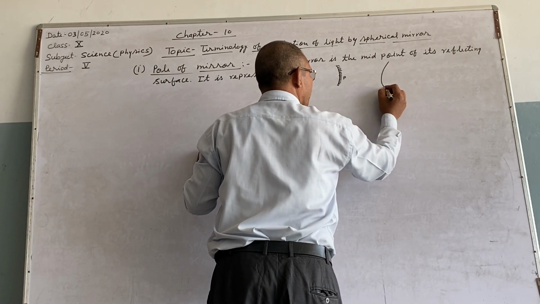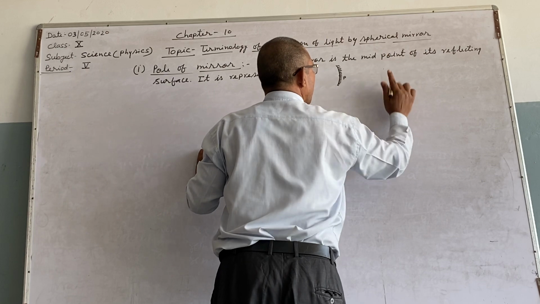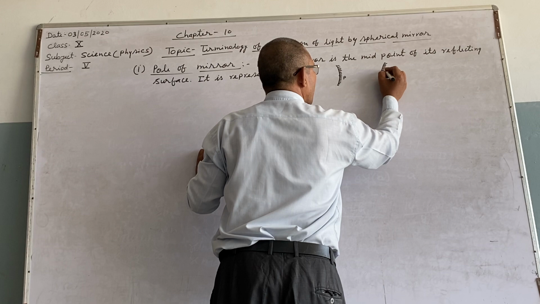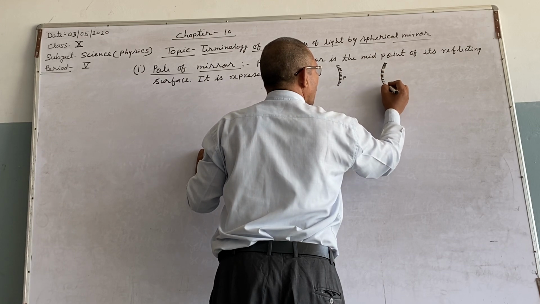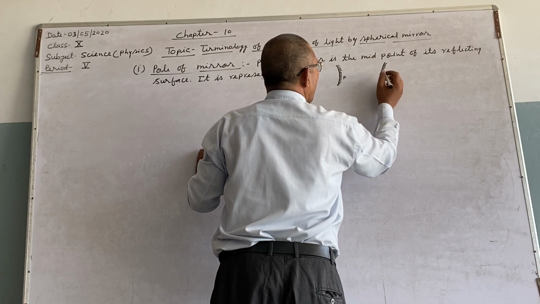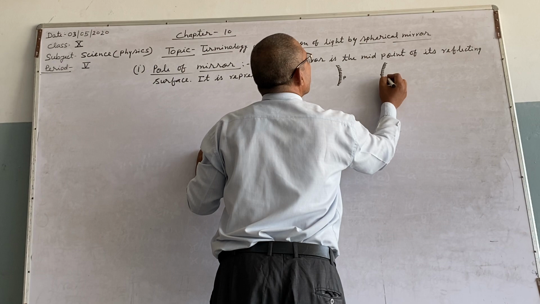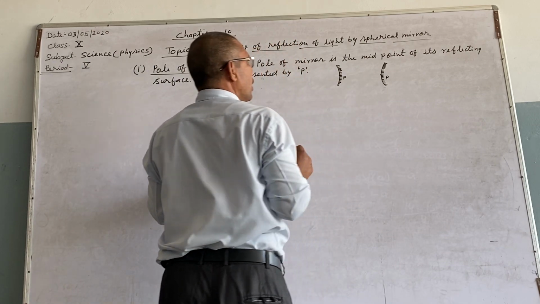Similarly, in case of convex mirror, here the midpoint of its reflecting surface is the pole, right?